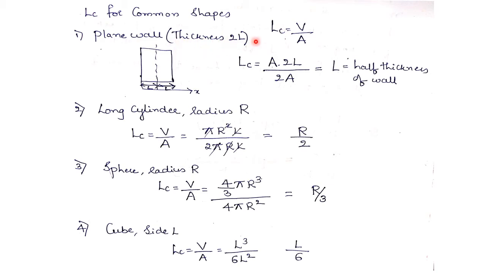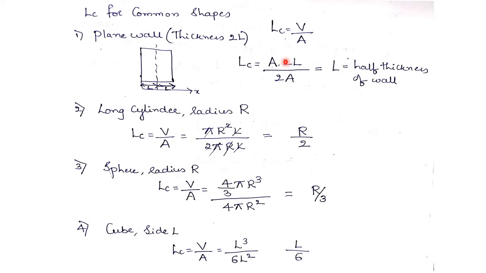Now let us calculate the characteristic length for the plane wall, where LC is given by V divided by A. V is area into thickness, where area is A and 2L is the thickness of the slab. Area into thickness gives the volume of the slab, and the area of both sides, A plus A, will be 2A.